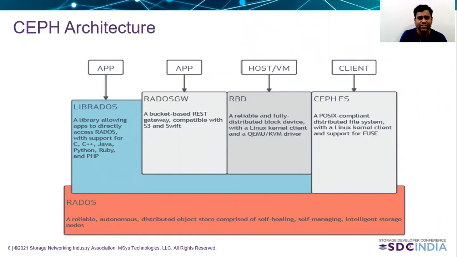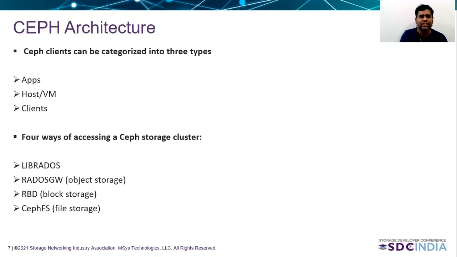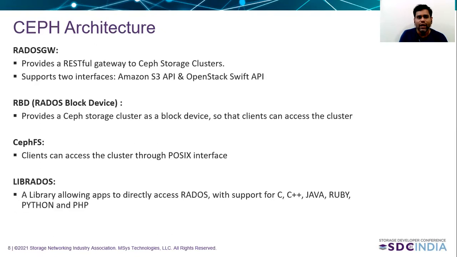This is the Ceph architecture, and in this architecture, the Ceph clients can be categorized into 3 types: apps, host, and VM clients. And also we have 4 ways of accessing a Ceph storage cluster: LIBRADOS, RADOS Gateway, RBD, and Ceph file system. The RADOS Gateway provides a RESTful gateway to the Ceph storage cluster, and it supports 2 interfaces: Amazon S3 API and OpenStack Swift API.